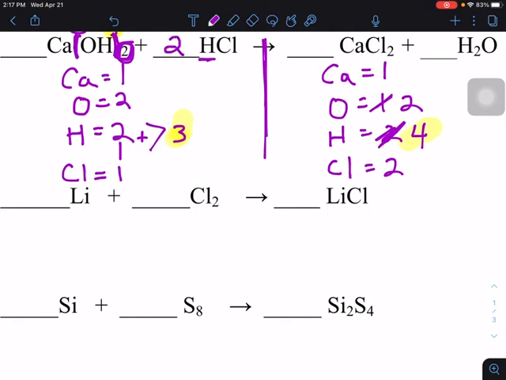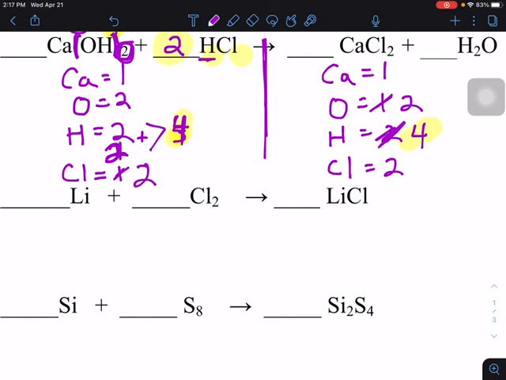So to balance the hydrogen, we're putting a 2 here. That's going to add another hydrogen here. That gives us 4 hydrogen, because we went 2 times 1 for the hydrogen, give us 2. And then for the chlorine, we have our coefficient of 2 times 1 for the chlorine will give us 2 chlorine.